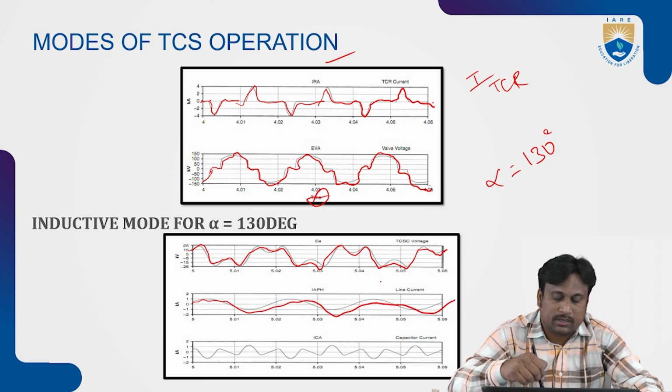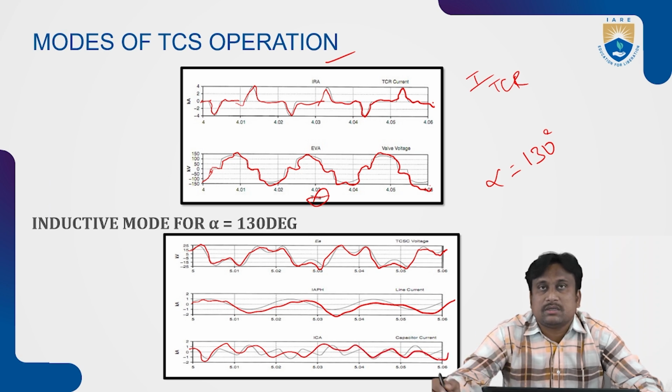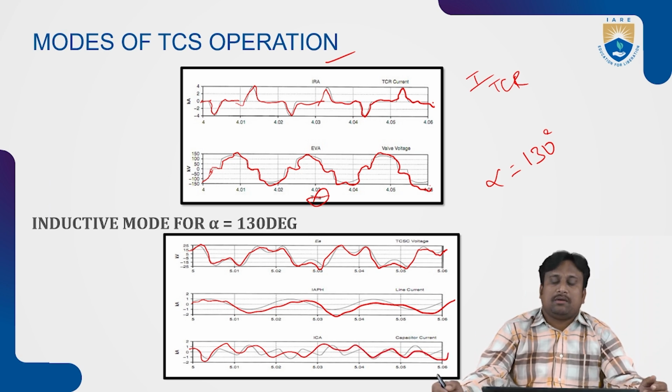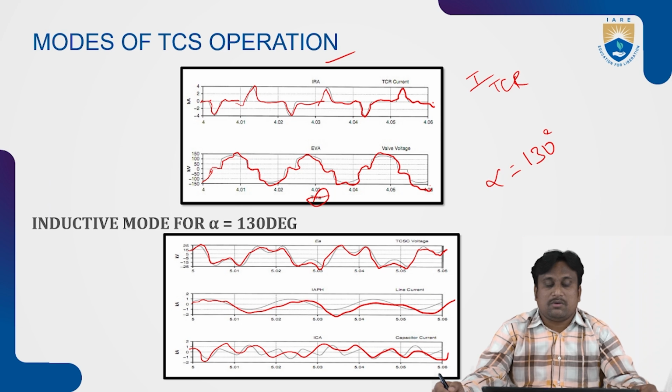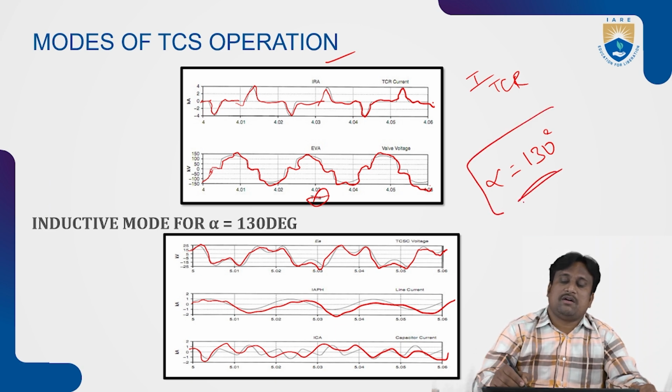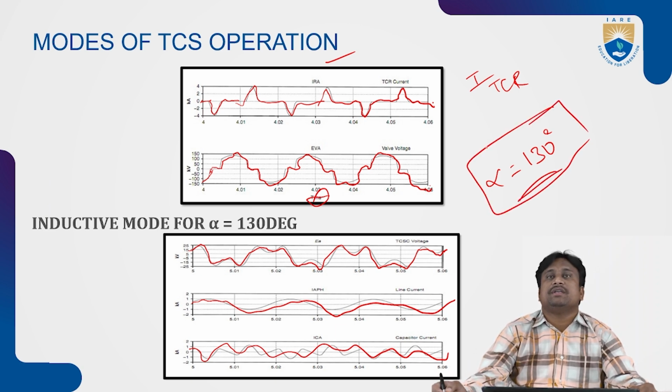This is called line current, and the capacitor current may go up and down. This is called capacitor current. So these are the voltages and currents which follow in the kilovolts and kiloamps range, which resemble the inductive mode of operation. They exist at an angle alpha of 130 degrees.